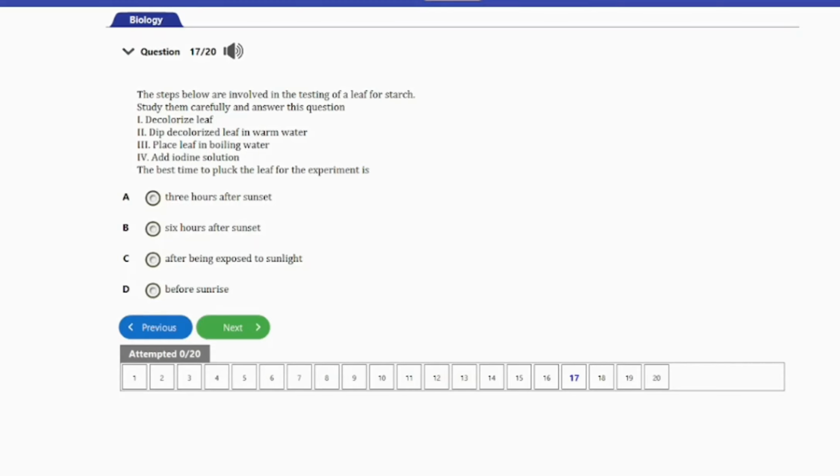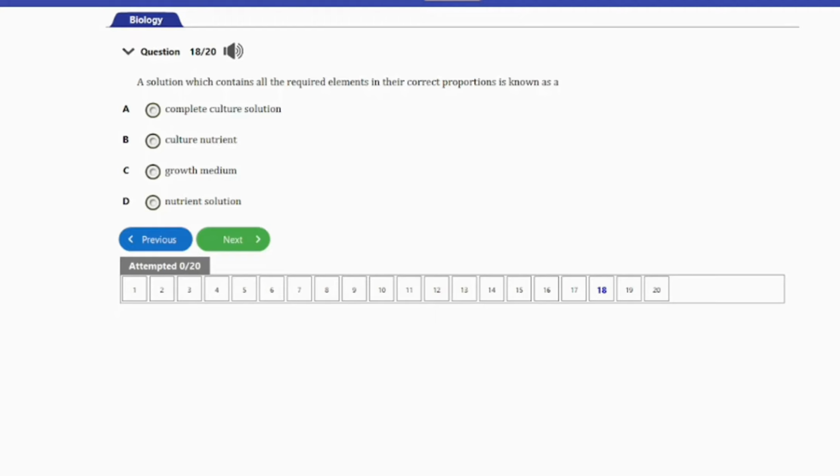The best time to pluck the leaf for the experiment is A. 3 hours after sunset. B. 6 hours after sunset. C. After being exposed to sunlight. D. Before sunrise. So guys, the answer to this question is option C, and that's after being exposed to sunlight. So that's it for this question. Let's go ahead and consider the next question, guys.